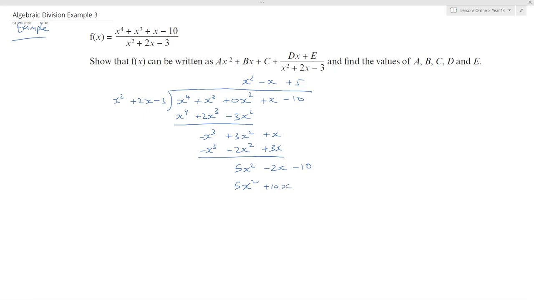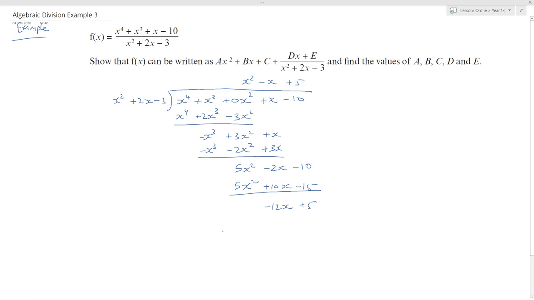And moving on, we've got to do 5 times minus 3, so that gives me minus 15 here. Okay, subtraction again. So minus 2x minus 10x is minus 12x, minus 10 minus minus 15 gives me plus 5.